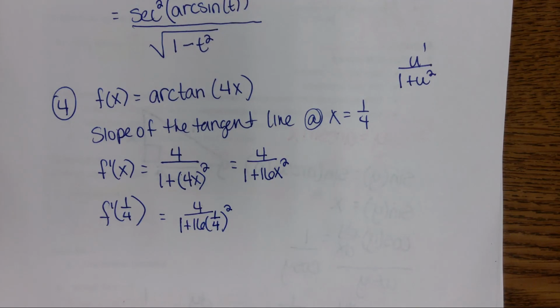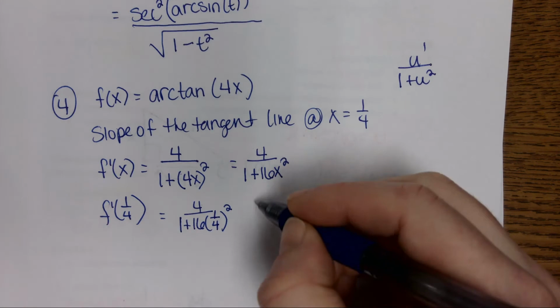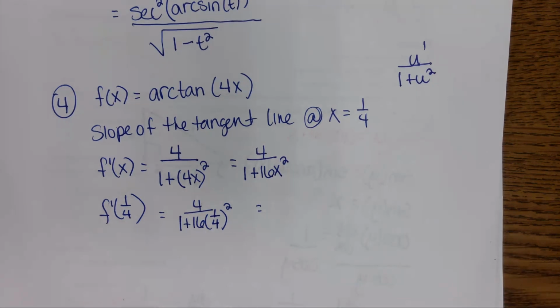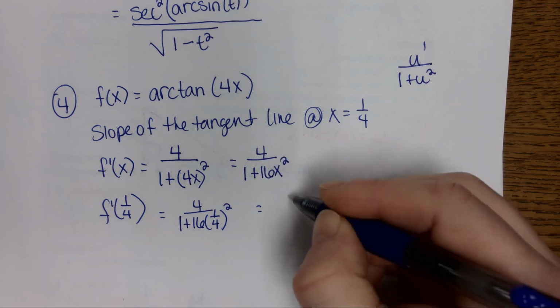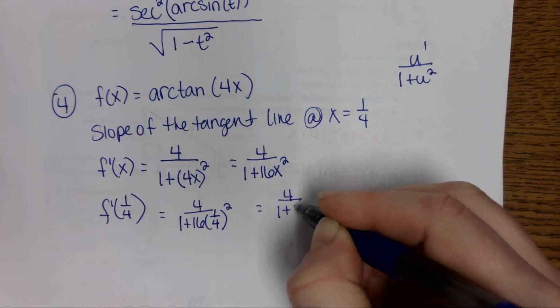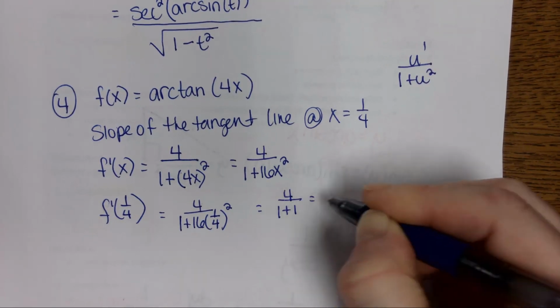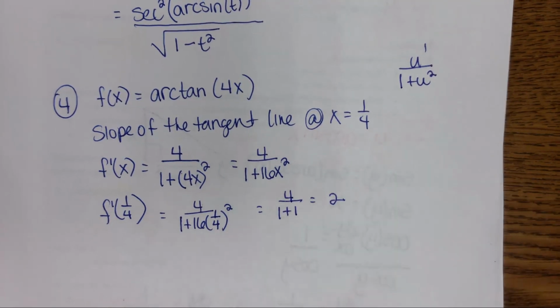What's 1/4 squared? 4 times 4. 1/16. What's 1/16 times 16? 1. The slope of the tangent line is just 2.